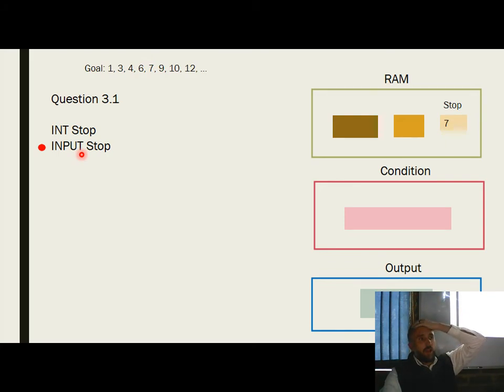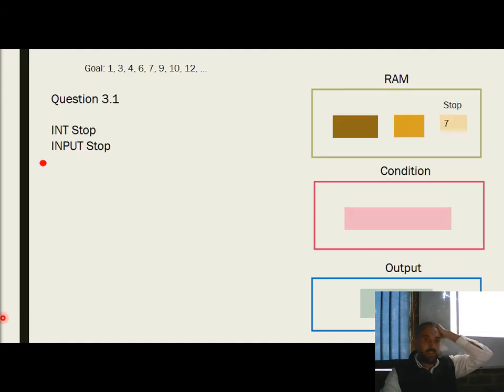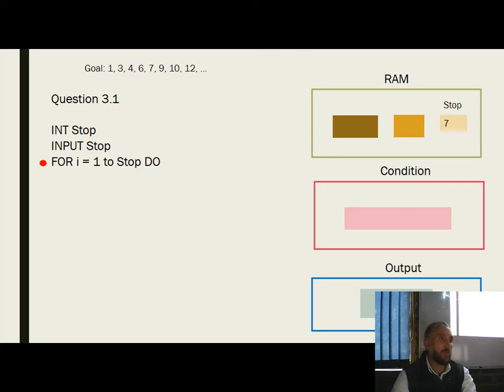Now, what I want to happen is, if I go back to my statement here, I want to loop from 1 until that number, don't I? So how would I create that loop? I would say in my code, for or loop I is equal to 1 to stop, do.